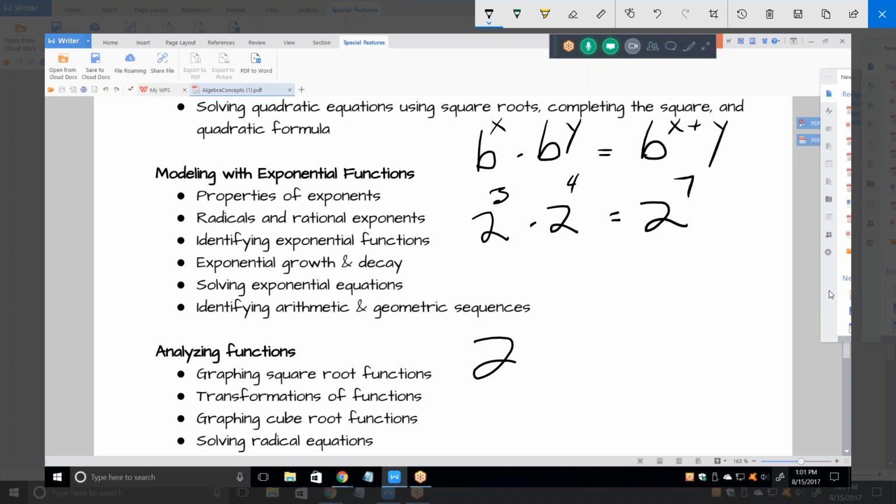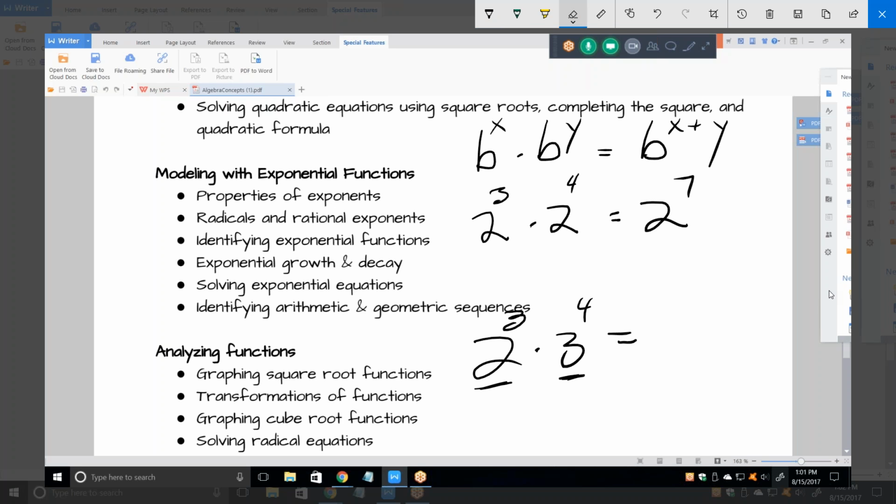In other words, if I said 2 to the third times 3 to the fourth, what's that? You have no idea, nor should you. In other words, the bases are different. So you cannot apply the rules of exponents.